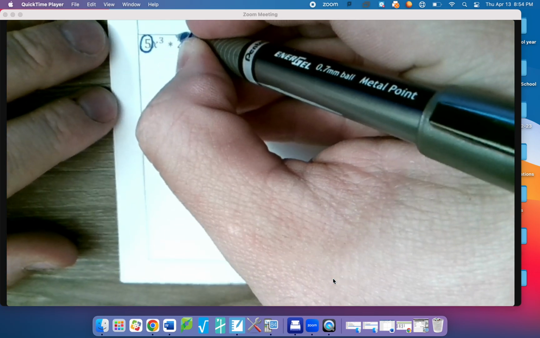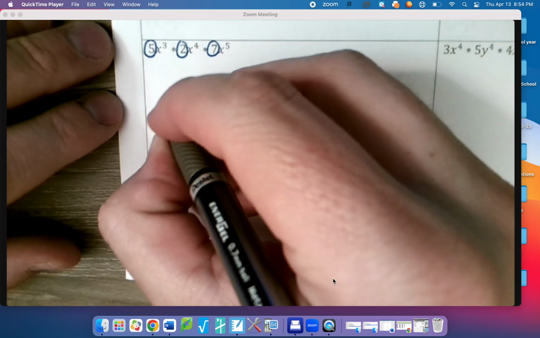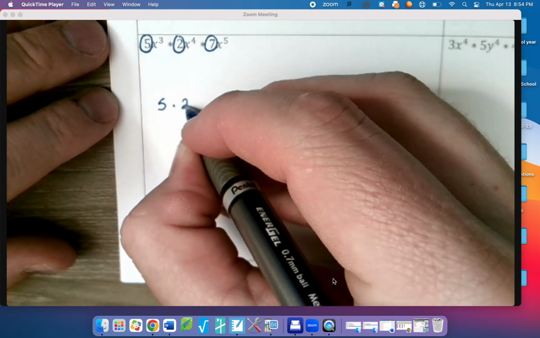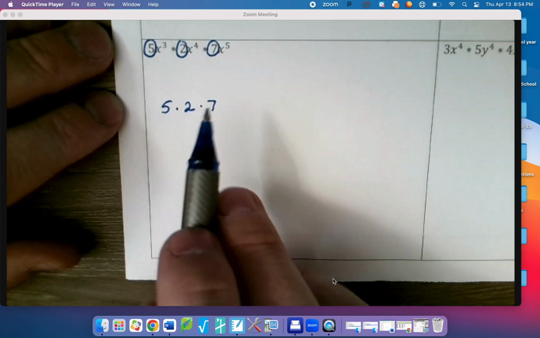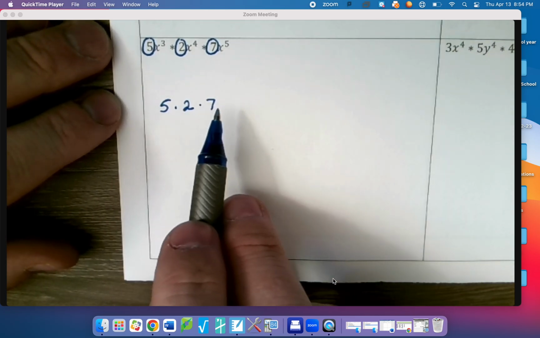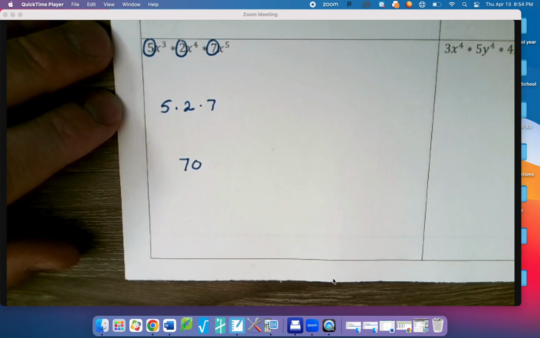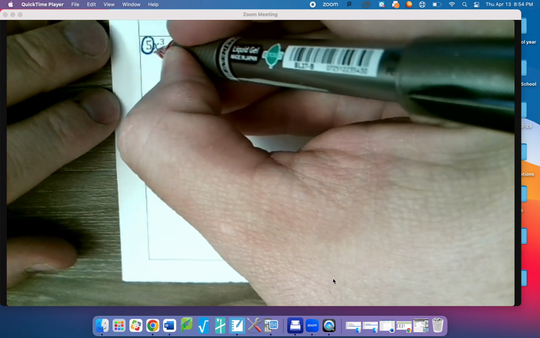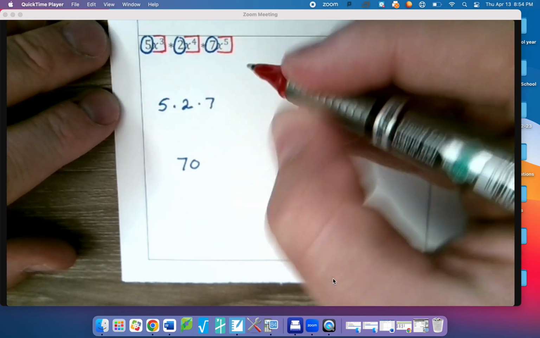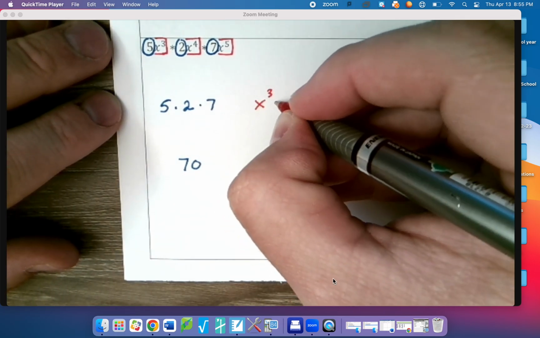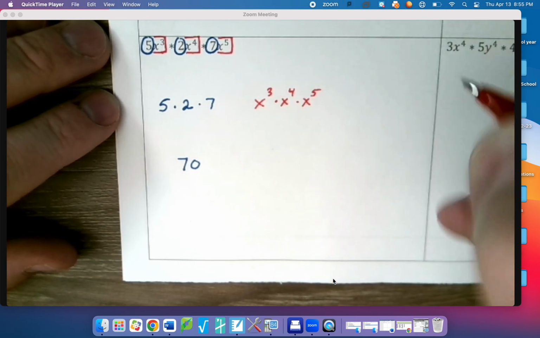I'm going to circle everything that's the same. So I've got 5 times 2 times 7. So that gives us 10. 10 times 7 gives us 70 to start off our problem. Then we've got the x's. X to the third, x to the fourth, x to the fifth.